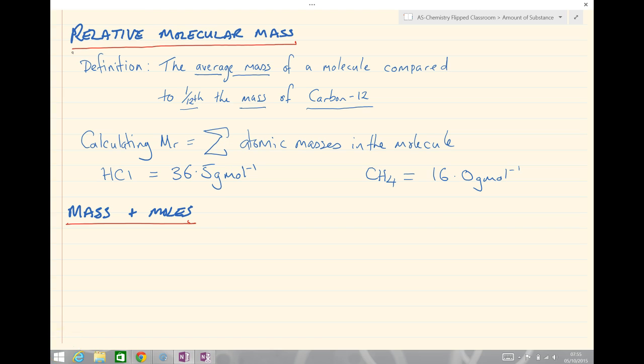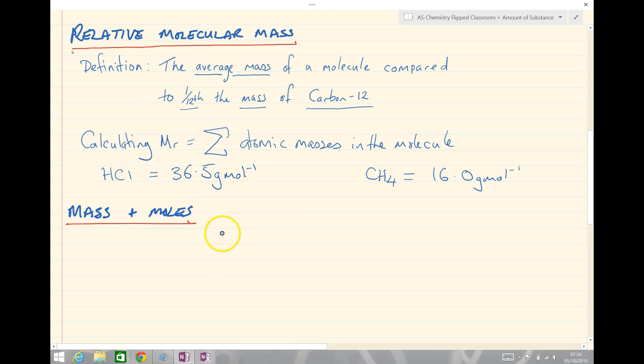Back to our relative molecular mass, and importantly we'll now move on and see mass and moles, how these two things interconnect. So we've seen that a mole is just a really large number, and we have to use a large number because atoms and molecules are really very small. How do we calculate moles from mass?